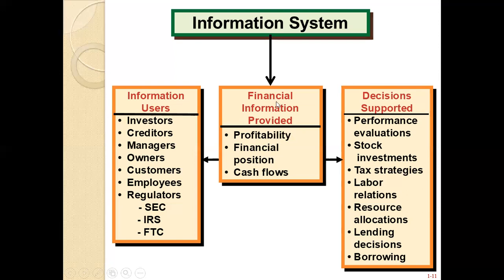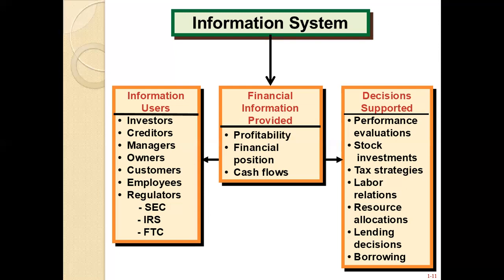Now for the financial information provided. The accounting information is provided to the accounting information users. There are three types of information. We already discussed it, but here in a separate form I will discuss it.